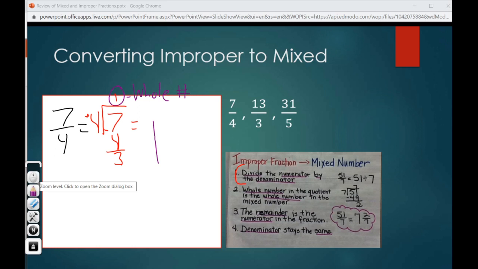Your numerator is going to be your remainder. Whatever is remaining at the end, this is your numerator. And your denominator is going to stay the same, either what you divided by or the original.